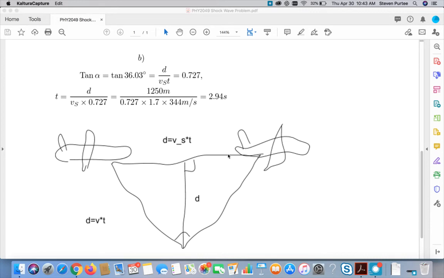That distance there will be the speed of the plane times the time it takes. So tangent of alpha will be altitude over this distance. And that's what we're trying to solve for, time right there. So now we just do some algebra and we solve for the time, about 3 seconds.